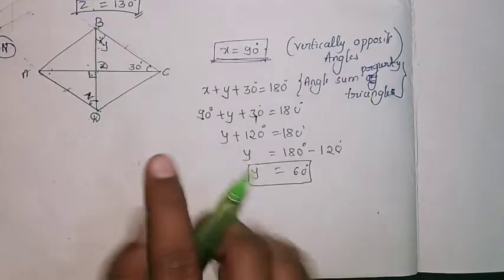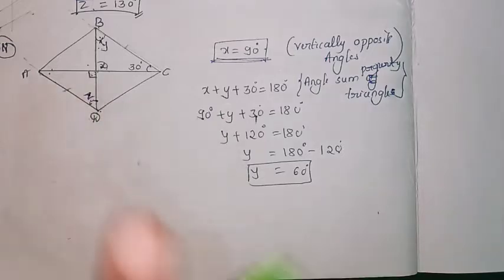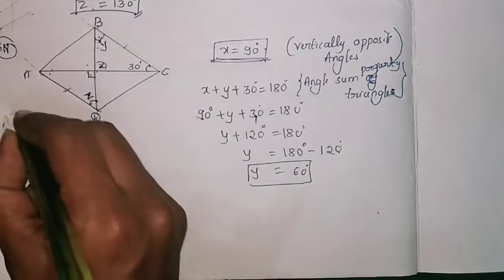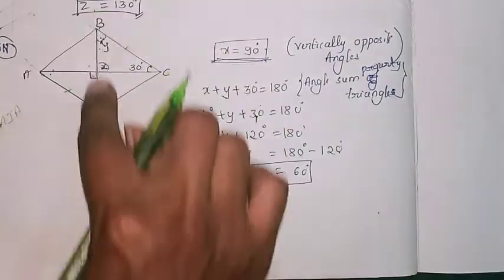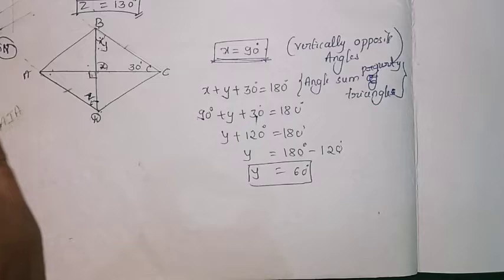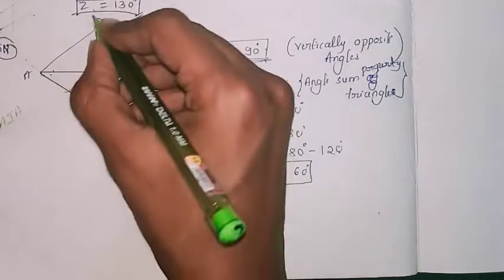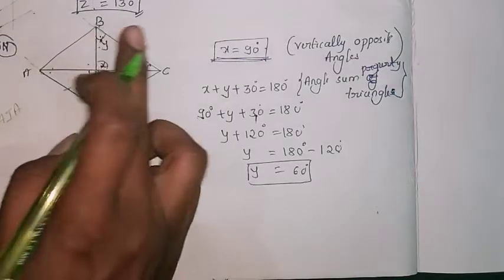Corresponding angles are on the same side, but here you observe alternate interior angles. The word is very important: alternate interior angles. Alternate means the transversal line is there, so one angle is on this side and another angle is on the other side.